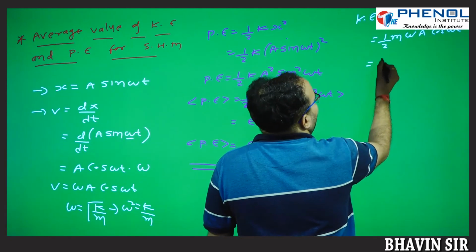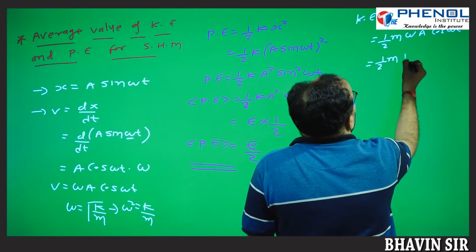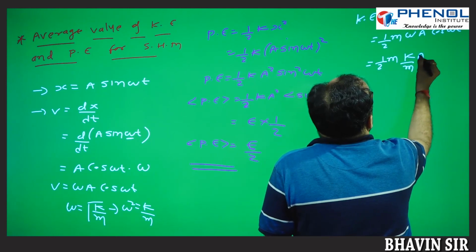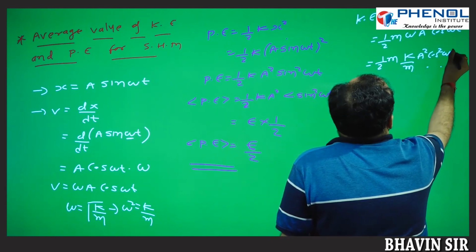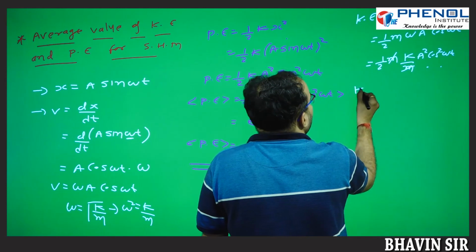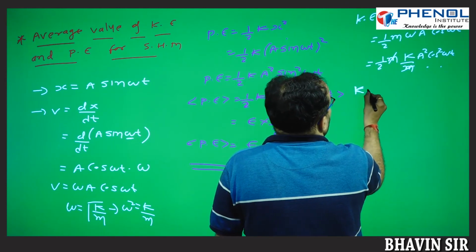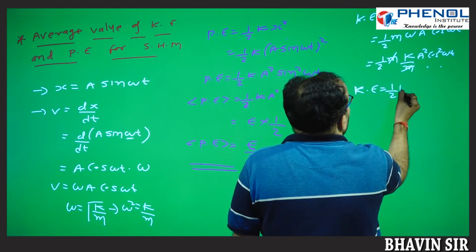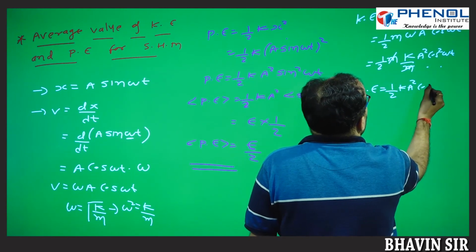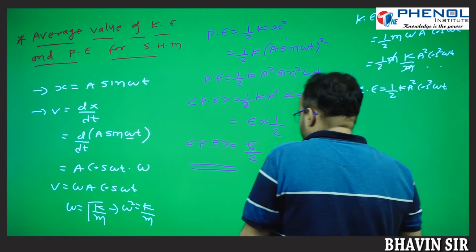So here we write half m, omega square means k by m, cancel. So the kinetic energy is half k a square cos square omega t.